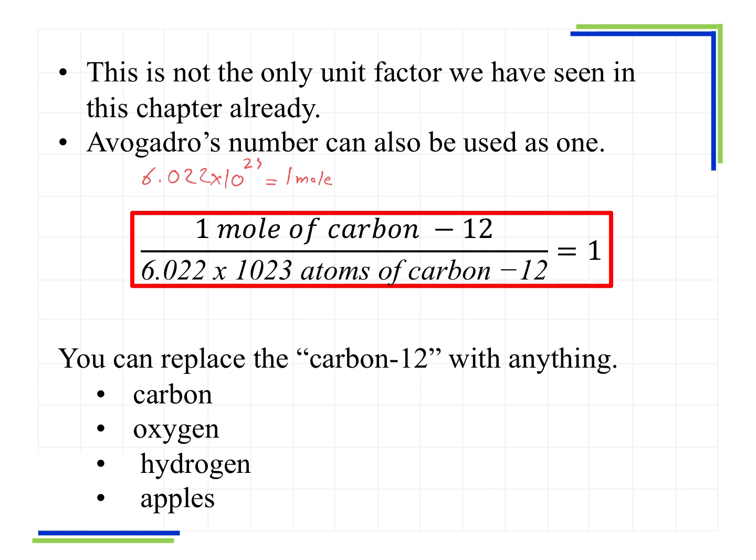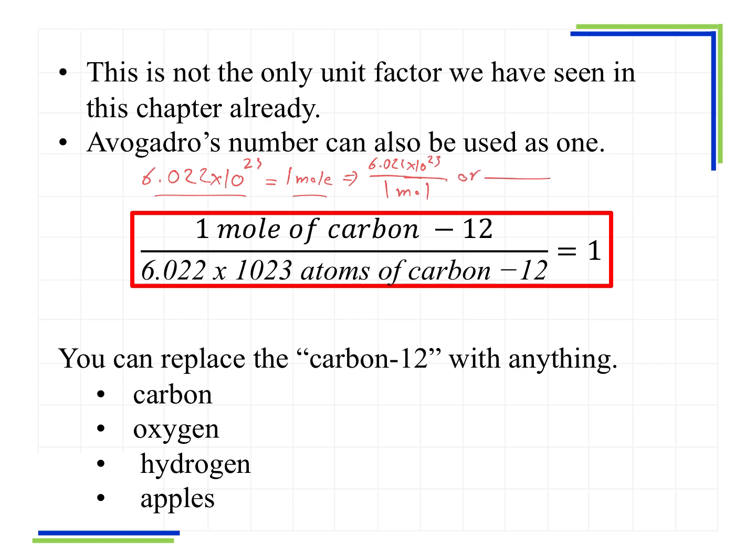That's what we just said. Just like a dozen is 12, 1 mole is Avogadro number of anything. So since they're equal, I can make a conversion factor out of it. So Avogadro number equals 1 mole, and we can make a ratio out of it.